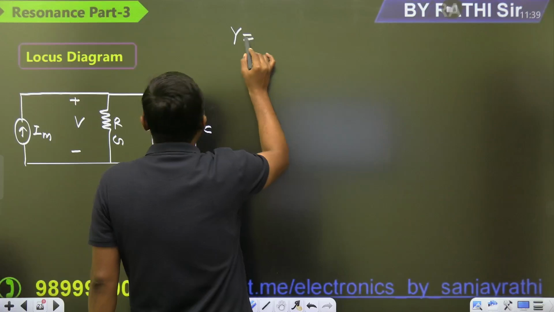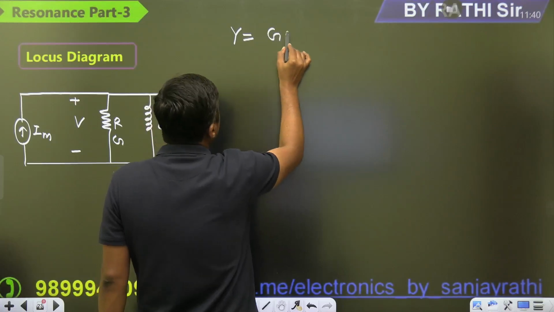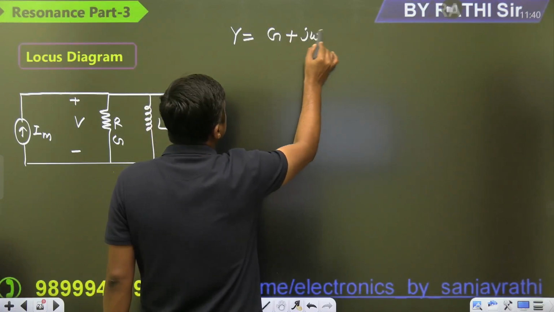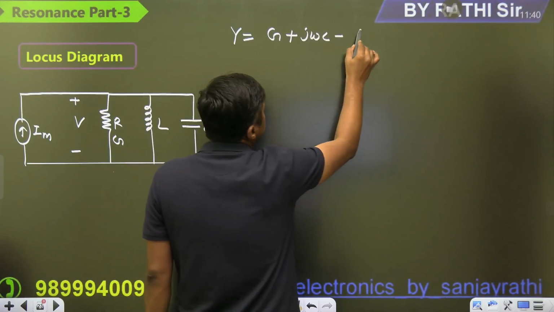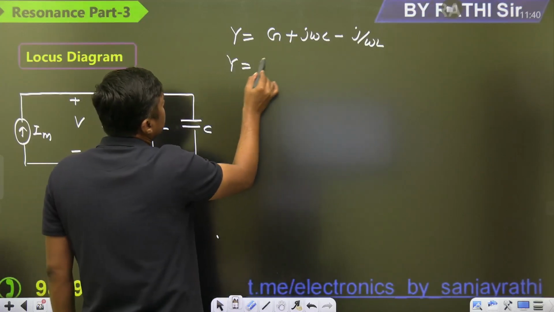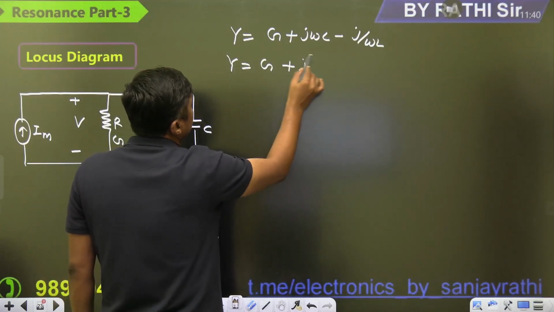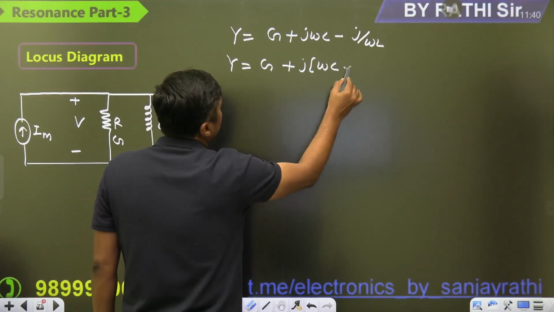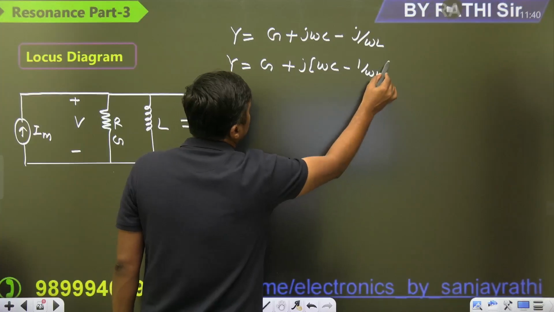Directly you can write the Y. Y will become G conductance plus j omega C, that is the YC, minus j by omega L, that is the YL. What is the admittance? G plus j omega C minus 1 by omega L.